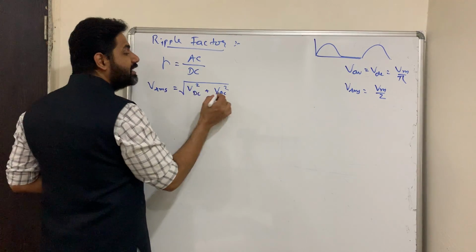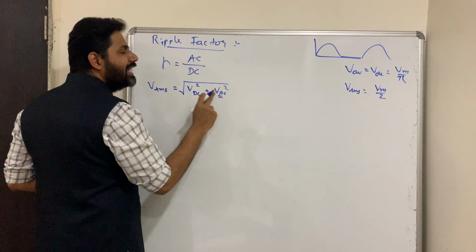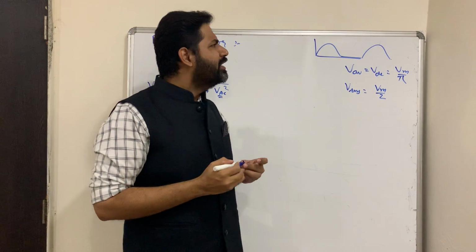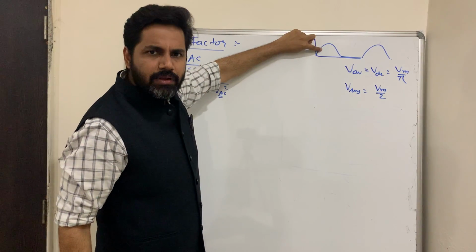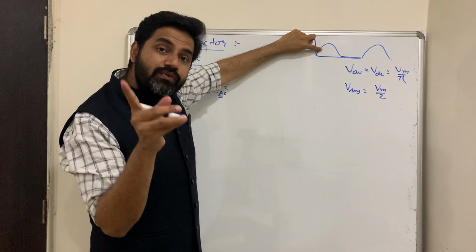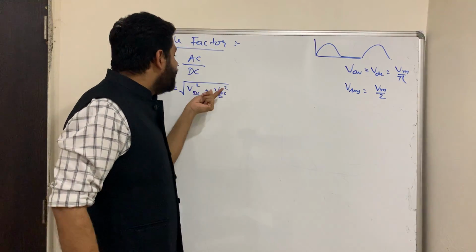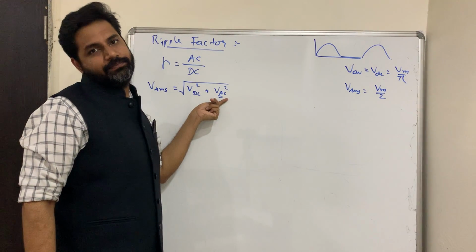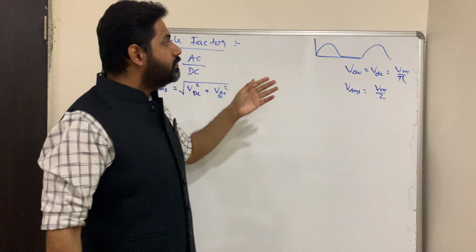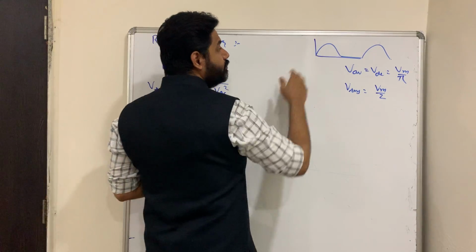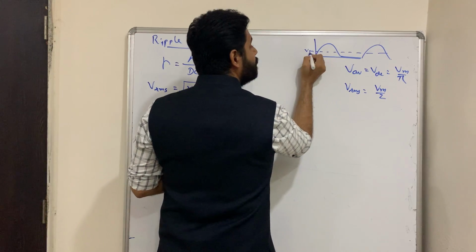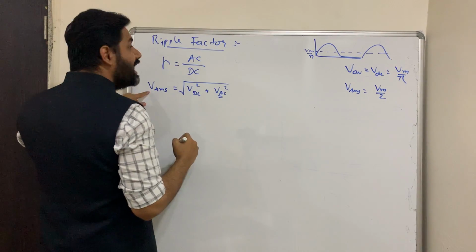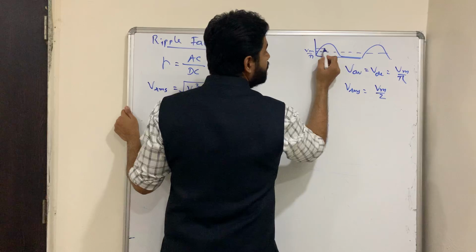So I am interested in calculating the AC component. Whatever AC component is available here, the RMS value of that AC component is called VAC. In this wave, this is my DC, which is Vm by pi, and VRMS is Vm by 2.